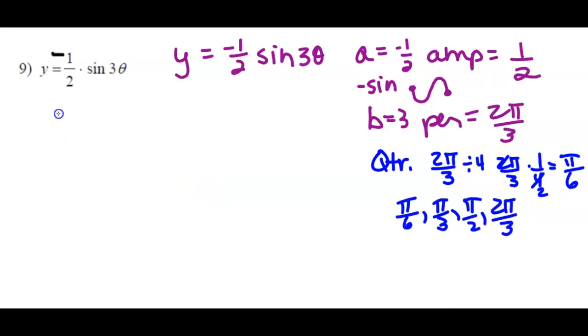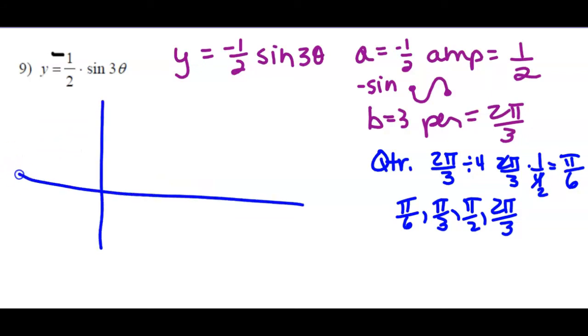So there's our quarter points. All right. Love not having graph paper because this is a tiny little amplitude of 1/2, but I don't have to make it tiny. I can label 1/2 up here and down here if I want.